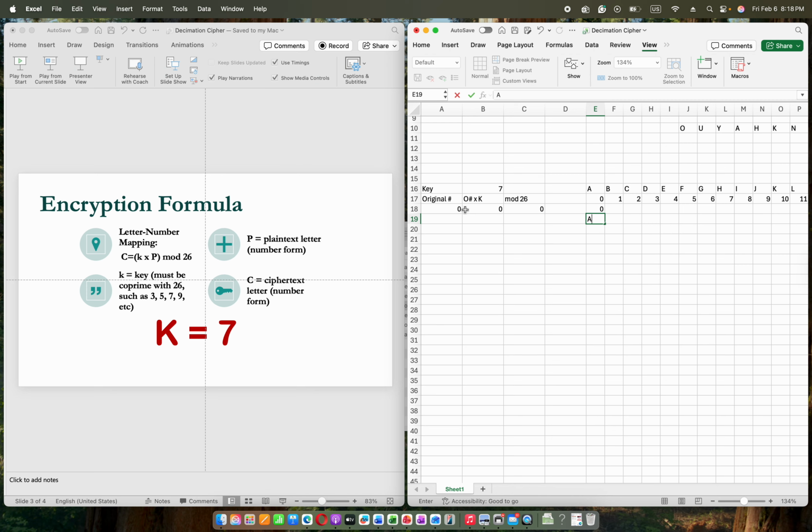Now let's try B. Let's put 1 in here. That gives us a 7. So H. So we're going to put 7 in here, and that is going to be H. Hold on, 2, that is going to be a 14.